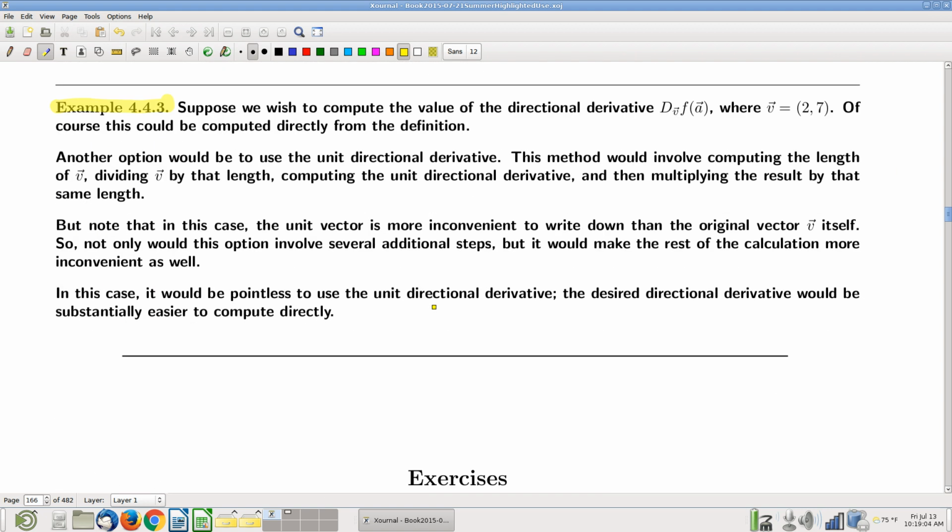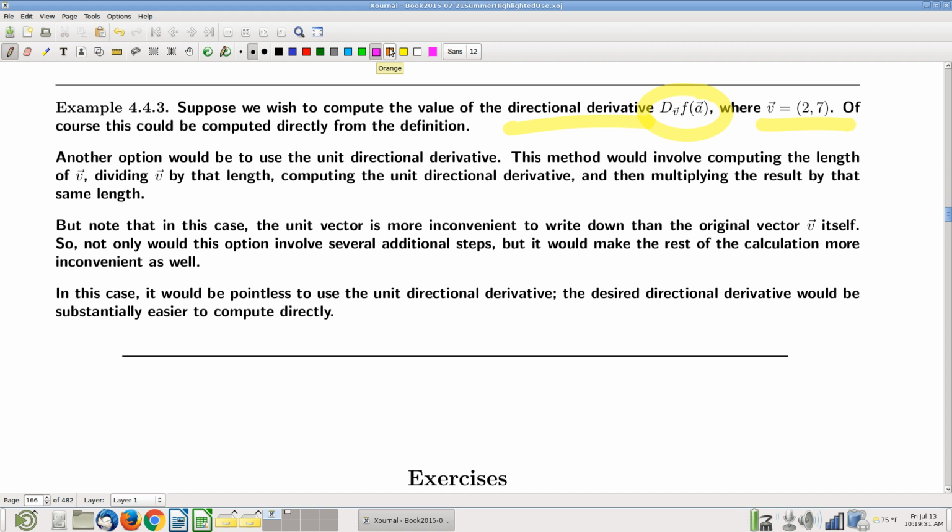Suppose I wanted to compute a directional derivative, and there's my velocity vector. Well, the velocity vector has integer coefficients. It would be a pretty straightforward calculation. Now, suppose that instead of computing this directly, we decided we wanted to compute it with unit directional derivatives.